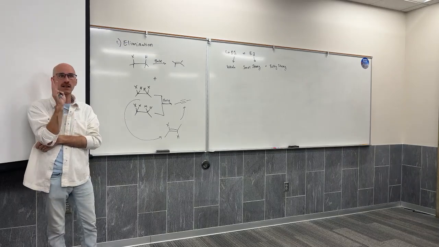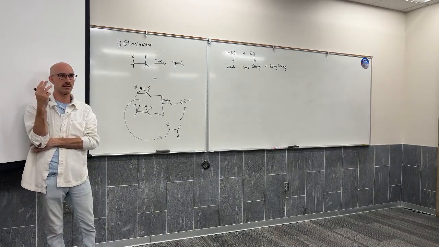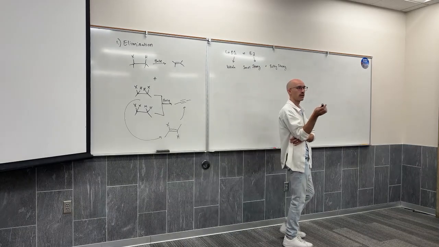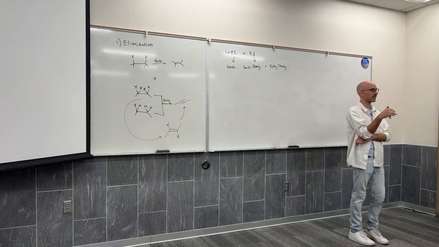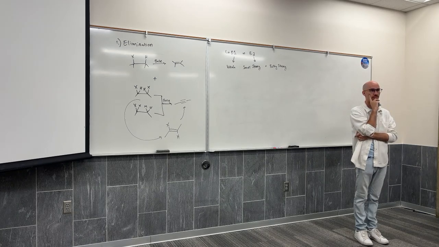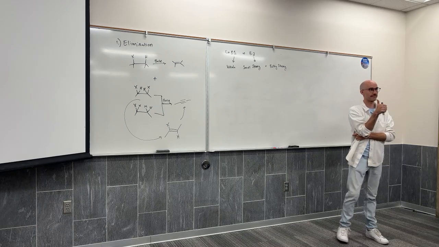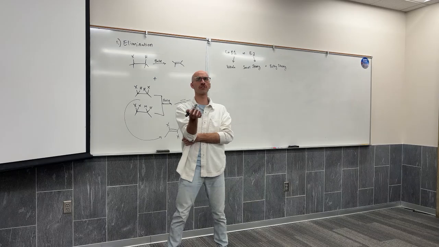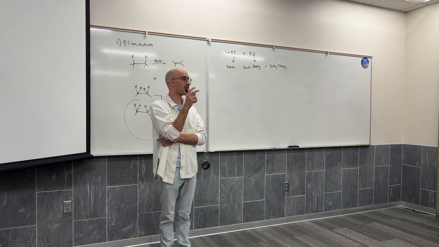Of these three classifications of base, weak, small and strong, bulky and strong, which are predicted to give the most stable product? Bulky? Weak? What word do we use to describe the most stable product?